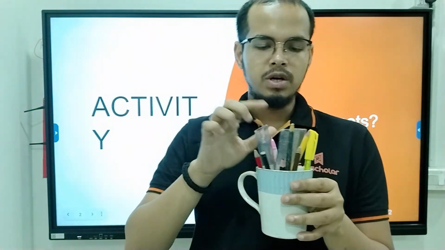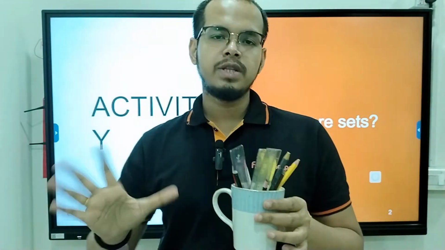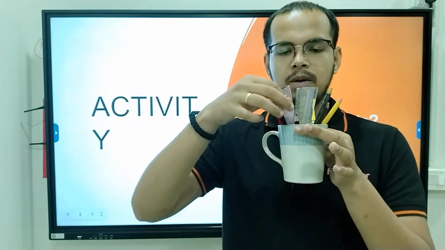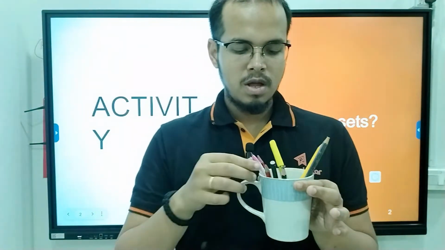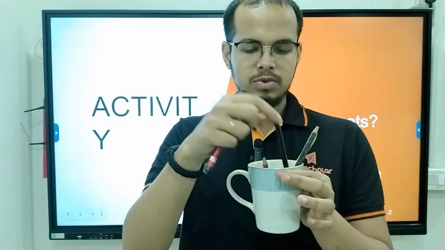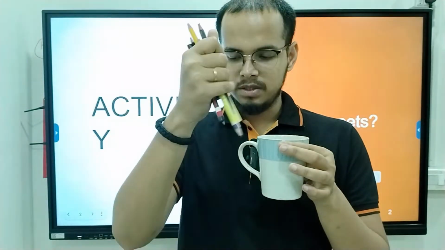Let us see how many things are present inside the cup. Inside the cup there are three scales, two pens, and one, two, three, four, five, six, seven pencils.